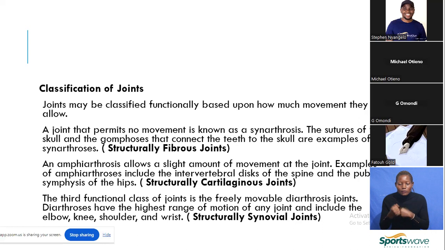And then the third one, which is the most common type of joint in the body, functionally they are called diarthrosis, but structurally they are called synovial joints. I think the classification that is most common is the structural classification, where we have fibrous, cartilaginous, and synovial.